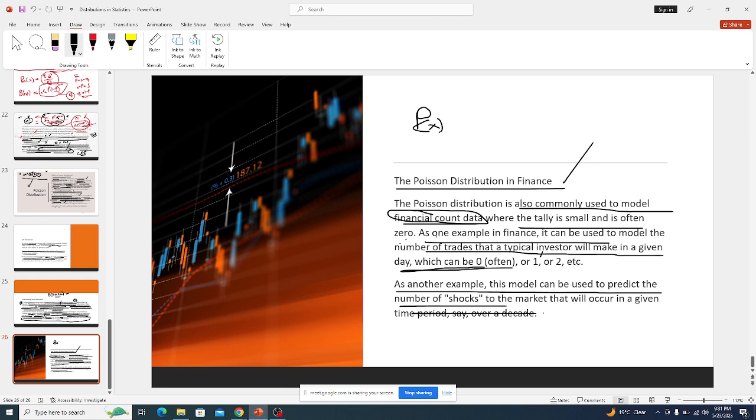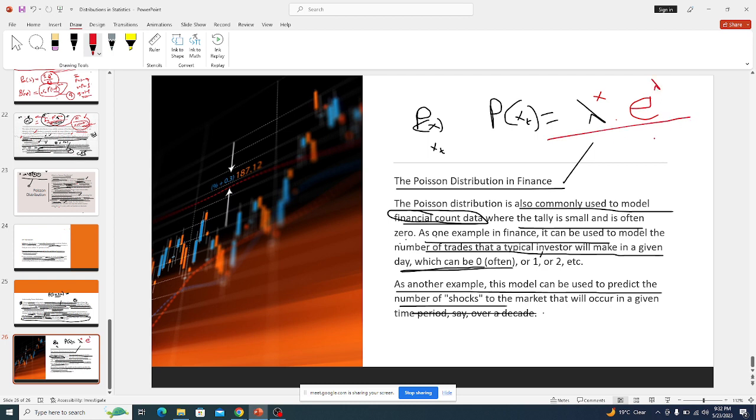That is the probability of event x occurring within a period of t time, which will be equal to lambda, where lambda is a constant, raised to the number of events, that is x, multiplied by exponent of lambda. Lambda is a constant here.